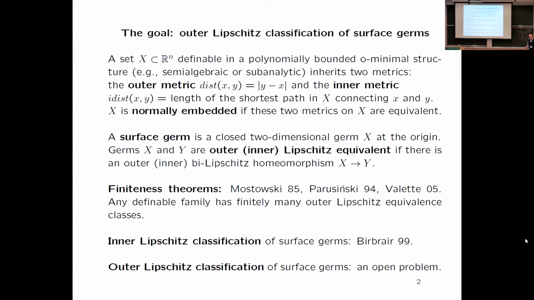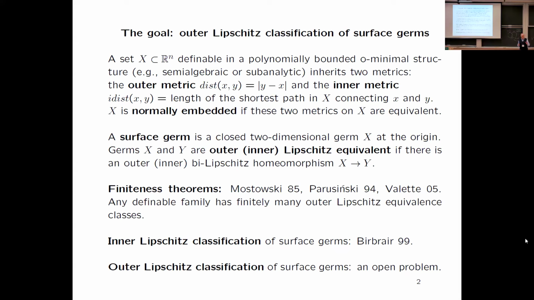Everybody knows that in real algebraic geometry and complex algebraic geometry, you can classify things in an algebraic or analytic way, and that immediately gives you very complicated moduli, or you can do it topologically, and that's discrete but really too rough. So the Lipschitz classification is something in between.